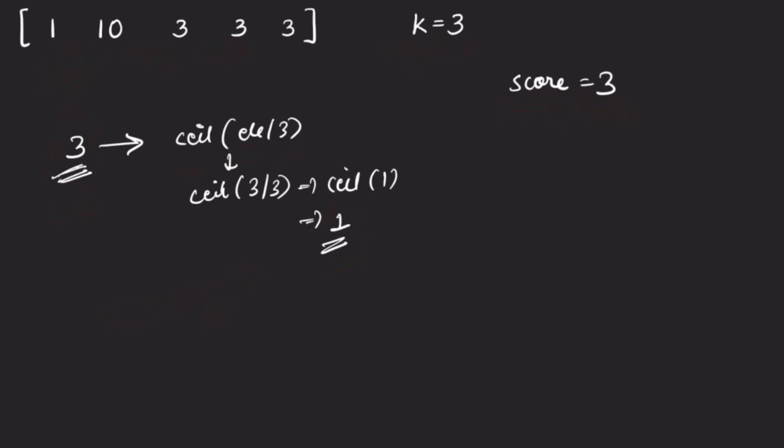So if in each operation you always select the largest element from your array, you will be adding that maximum element to your score. So your score will be maximized.